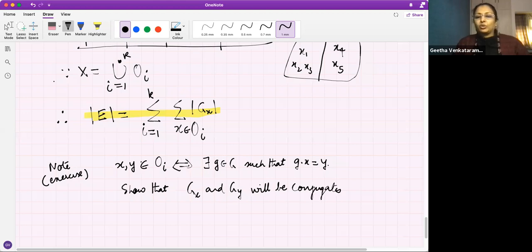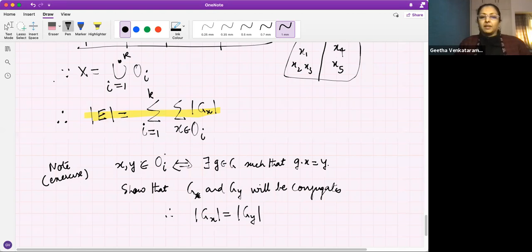It's very easy to show that if you know the stabilizer of x, then the stabilizer of y will just be the collection of all conjugates of things in Gx. Therefore, order of Gx is the same as order of Gy.